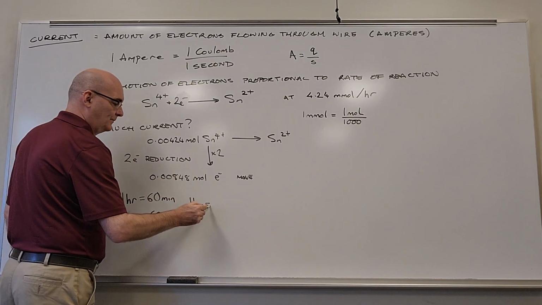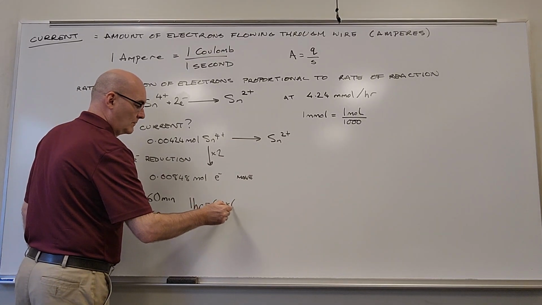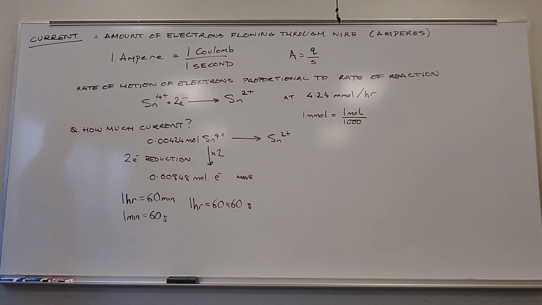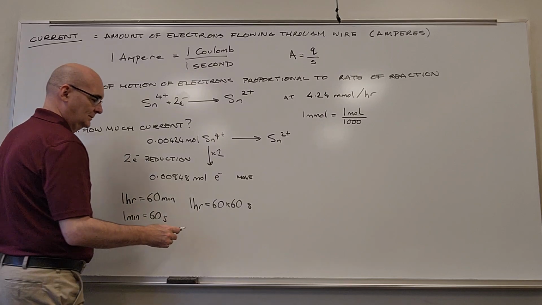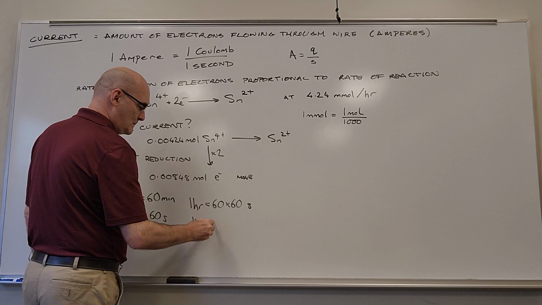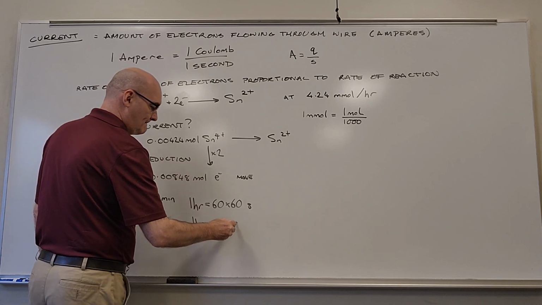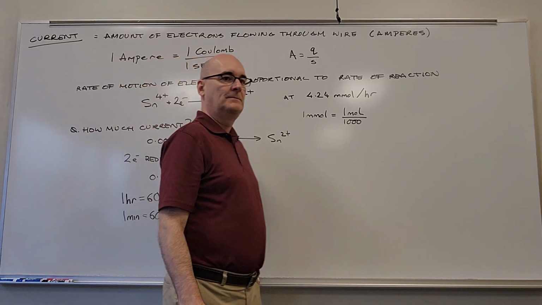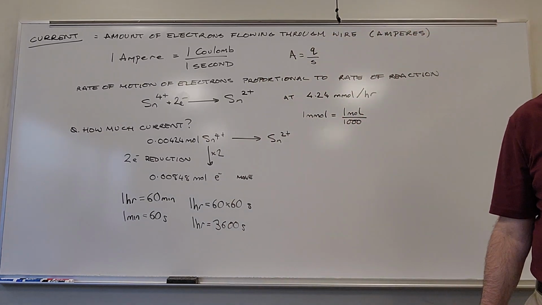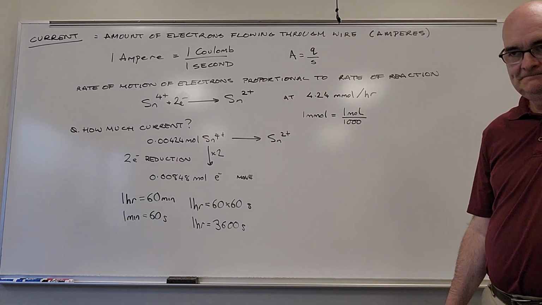So 1 hour is 60 times 60 seconds. 6 times 6 is 30 seconds. So 1 hour is 3,600 seconds.